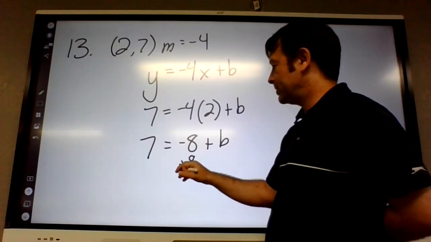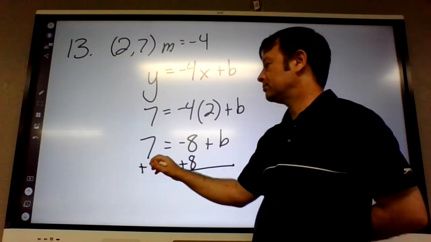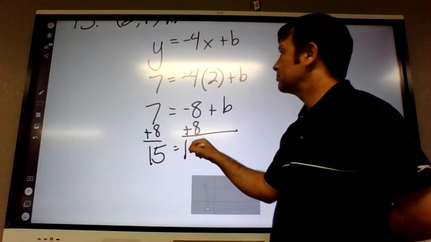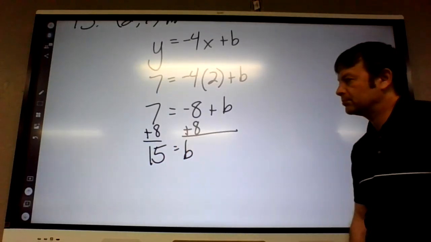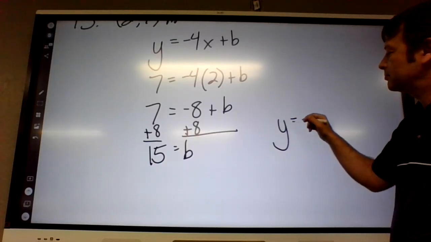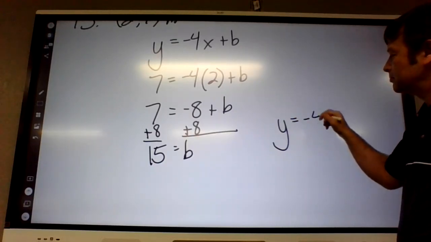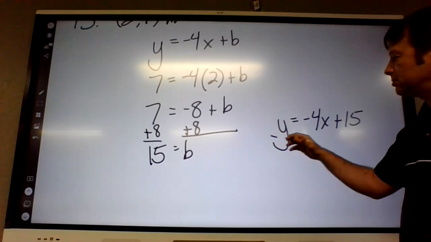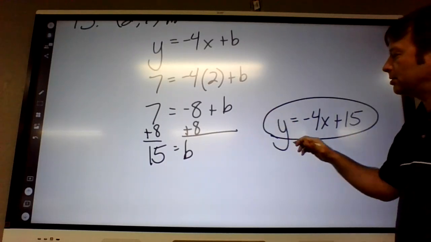Yeah. Subtracting a negative is adding. And then 15 equals b. And put it back and we do y equals negative 4x plus 15. Good job, good job.